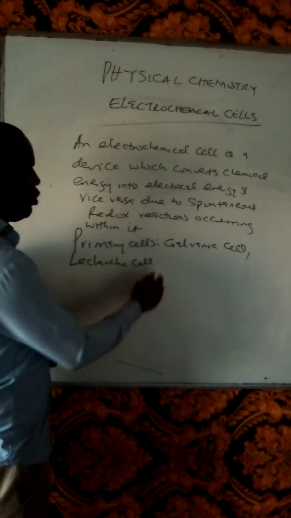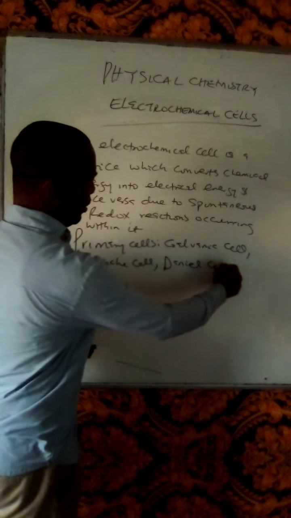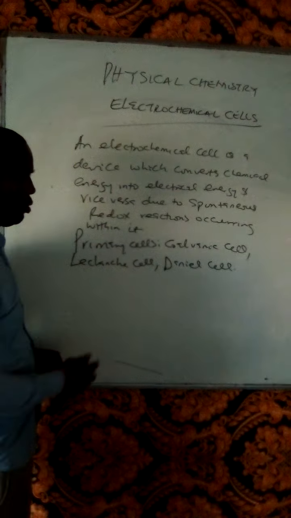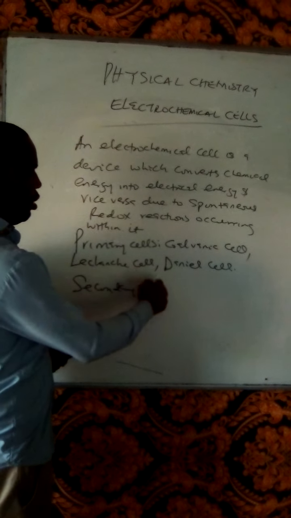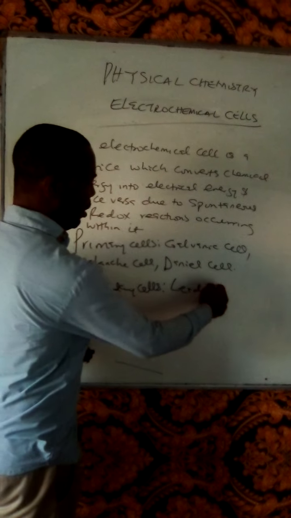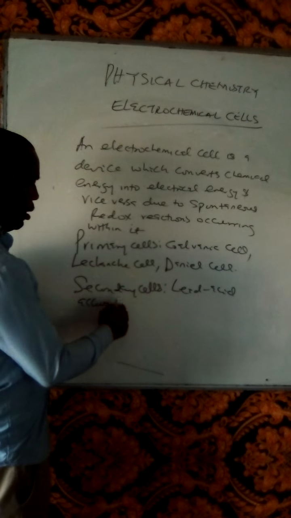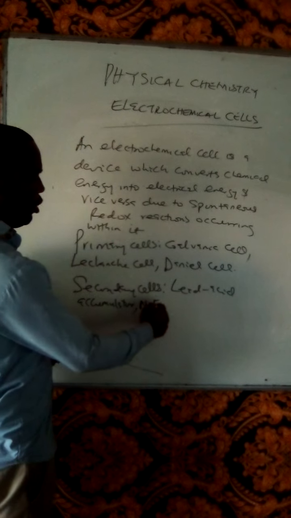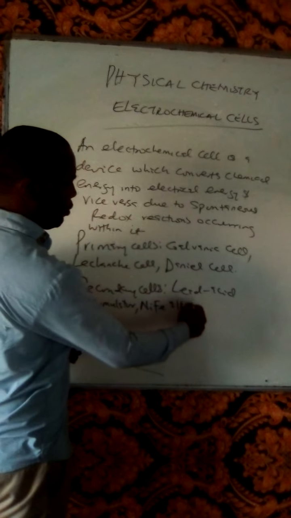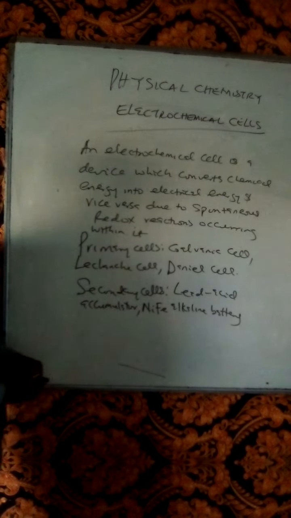We also have the Daniell cell. These are typical examples of primary cells. We also have the secondary cells. Under the secondary cells, we have cells like the lead acid accumulator used in automobiles. We also have the nickel iron alkaline battery, which uses potassium hydroxide as its electrolyte.